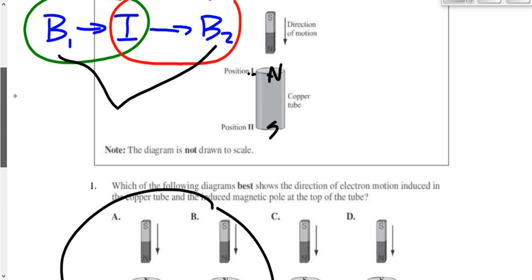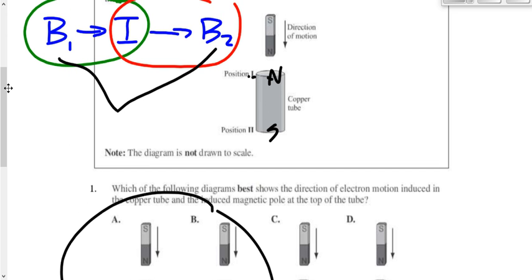Now let's look at the direction of motion of the electrons in here. Which way does the magnetic field point inside what, for lack of a better term, we'll call a solenoid or a coil of wire? From south to north, right. So we're going to use the coil rule: thumb in the direction of the magnetic field, fingers in the direction of the current.